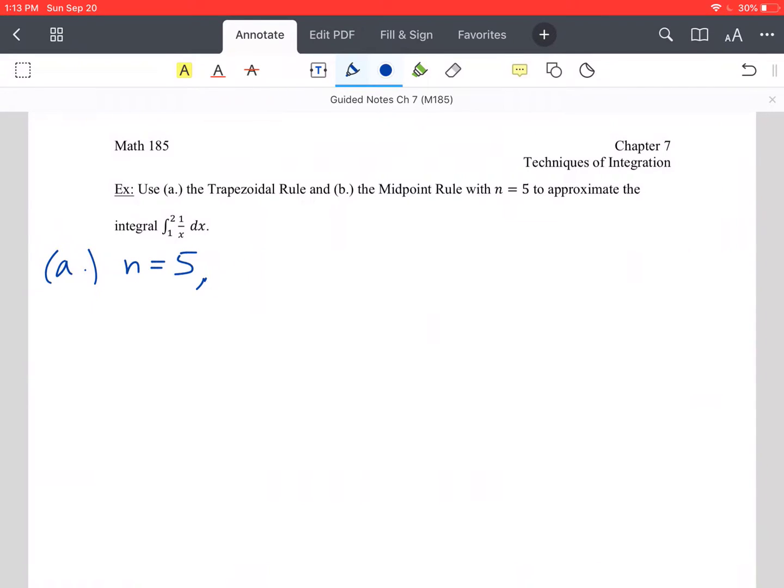We're using a is 1, b is 2, right? Interval from 1 to 2. And so delta x, b minus a over n, that's 2 minus 1 over 5, which is 1/5, or just 0.2.